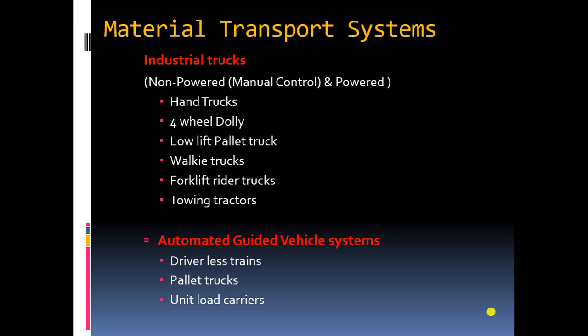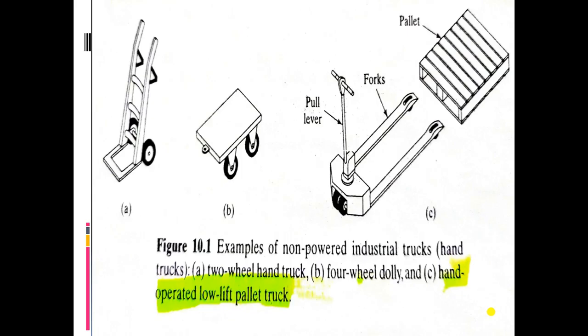In case of AGVs, you will see driverless pallet trucks and unit load carriers. So these are some examples. These are industrial trucks.